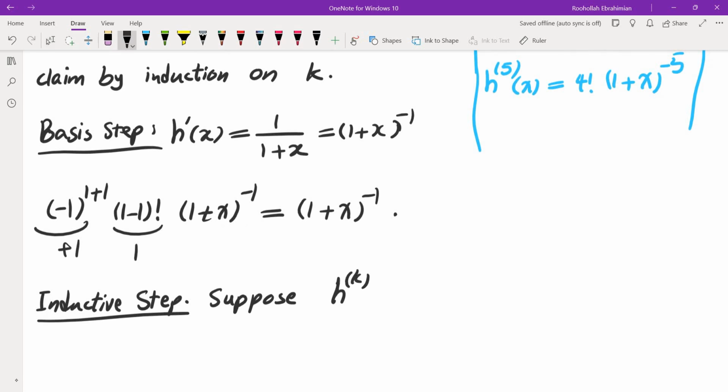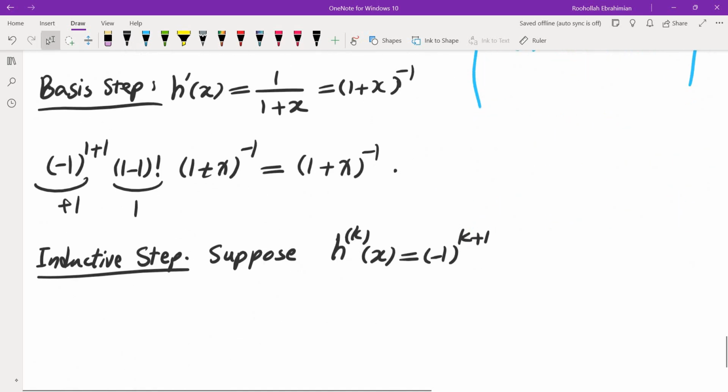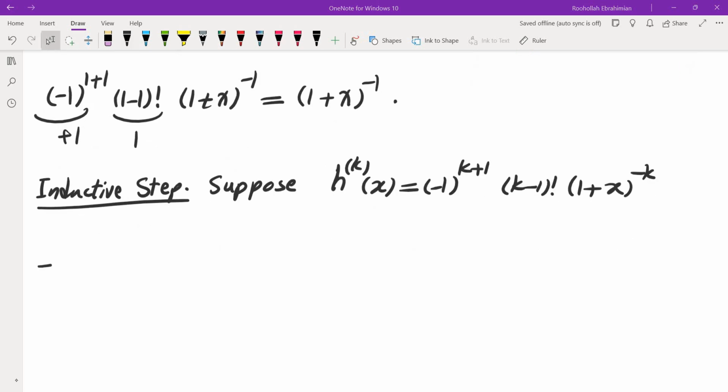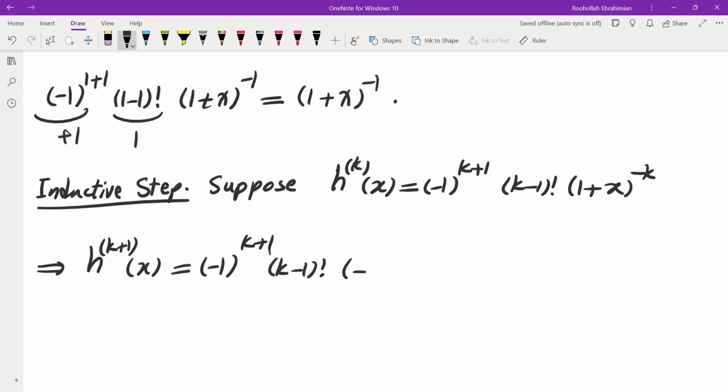Okay, so suppose hk of x is equal to negative 1 to the power of k plus 1, k minus 1 factorial, 1 plus x to the power of negative k. We're going to take the derivative of this. hk plus 1 of x is going to be negative 1 to the power of k plus 1, k minus 1 factorial, negative k, 1 plus x to the power of negative k minus 1.